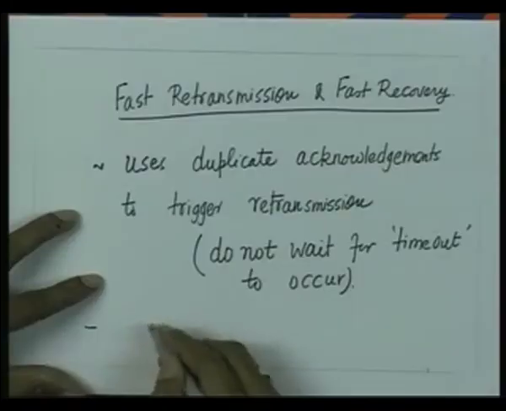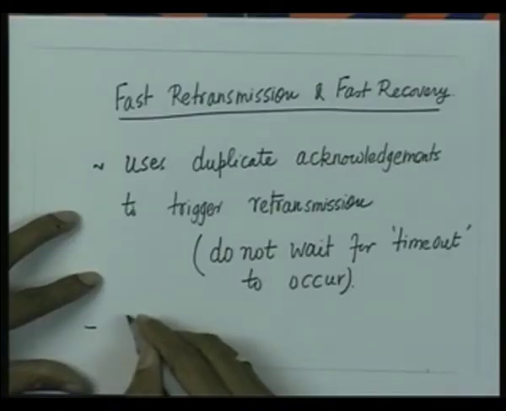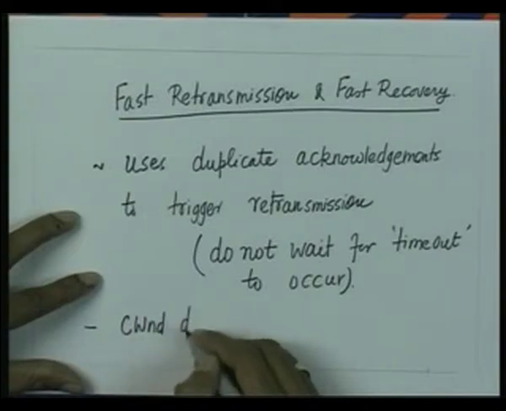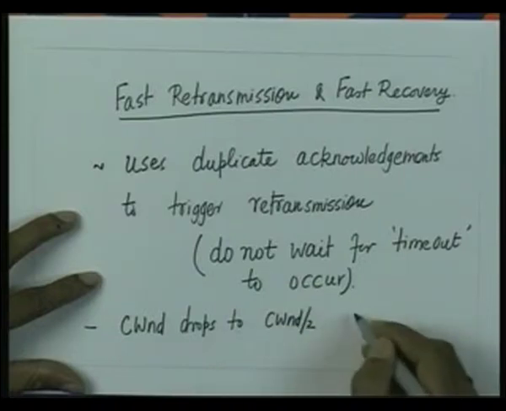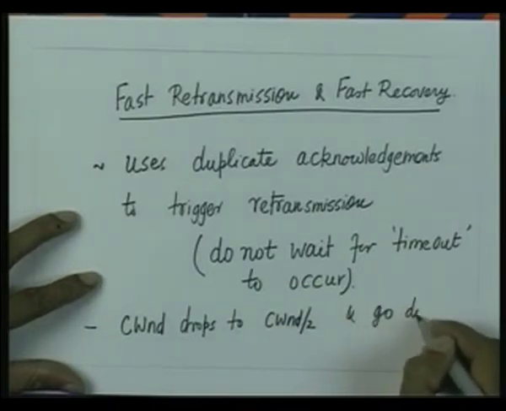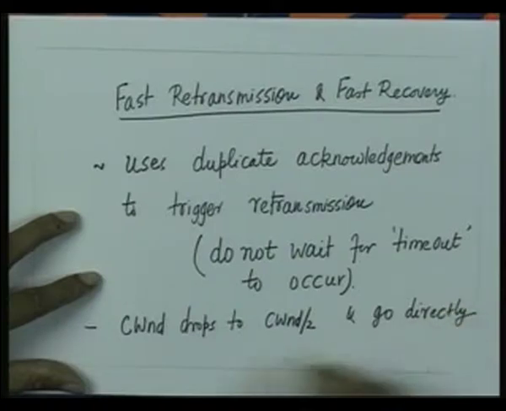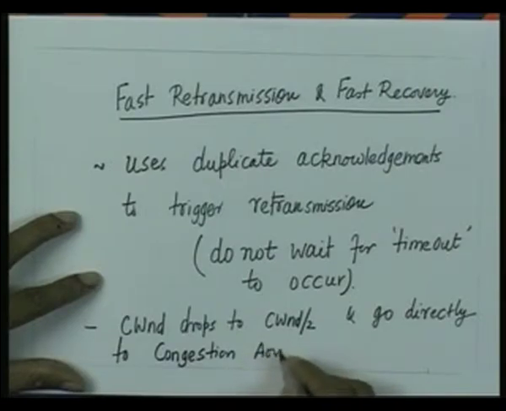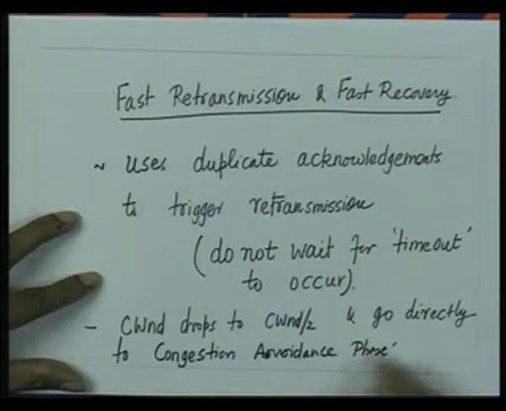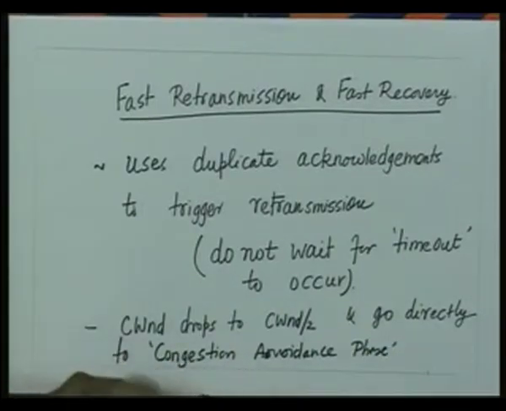Fast recovery also means that the congestion window CWND drops to half and goes directly to the congestion avoidance phase, the additive increase and multiplicative decrease phase, right.